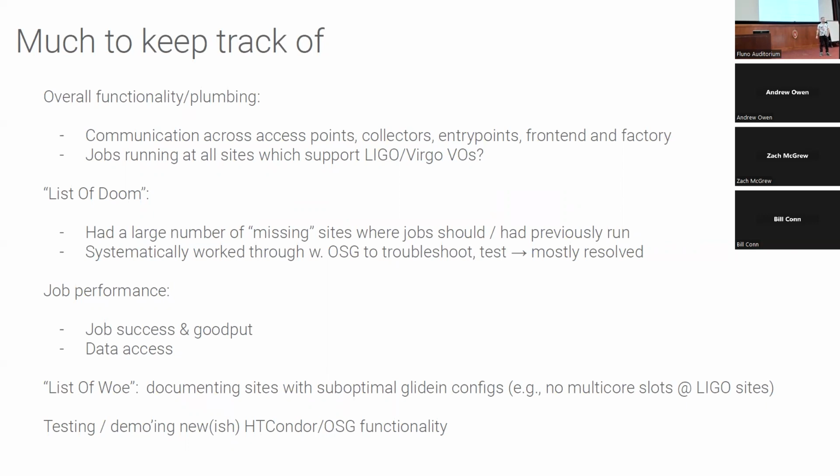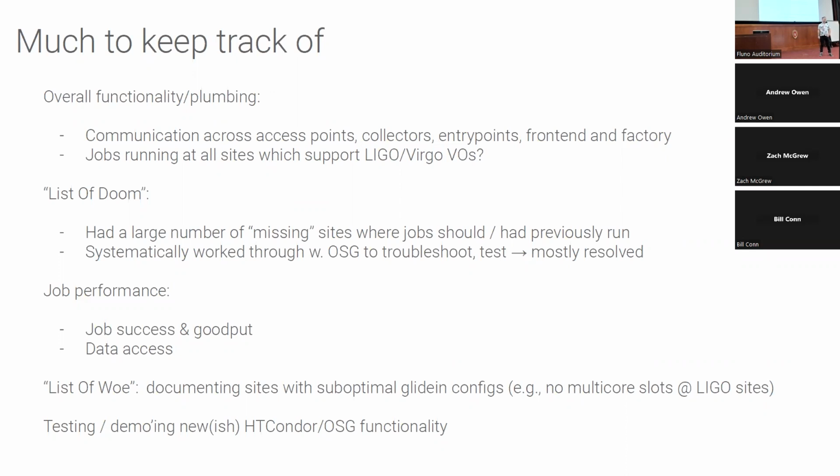That might be past job histories, looking at factory entries, things like that. That's mostly resolved now, but there's still some flux with places going dark, particularly self-hosted CEs. So I'd definitely recommend the hosted CE solution if you're looking into it.